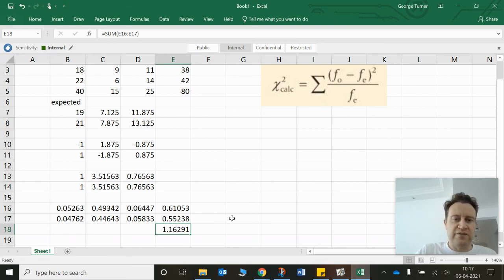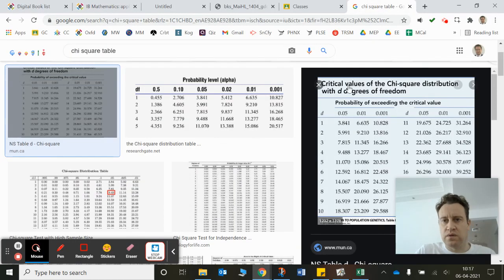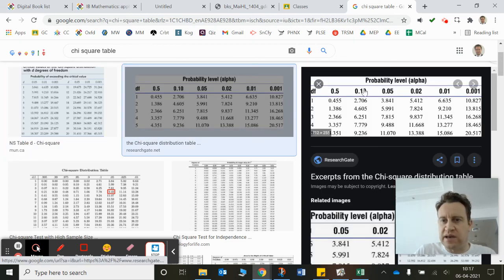And if we then wanted to compare that to critical values, we'd need the critical values including the 10% level with 2 degrees of freedom. Because we're doing a 10% significance test, we'd be comparing it to the value of 4.605.